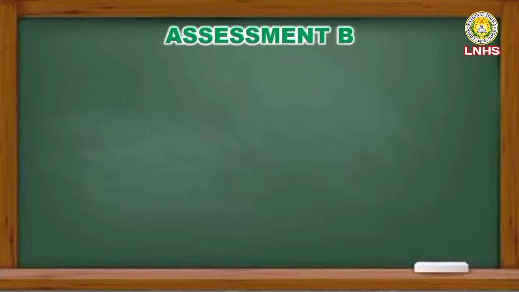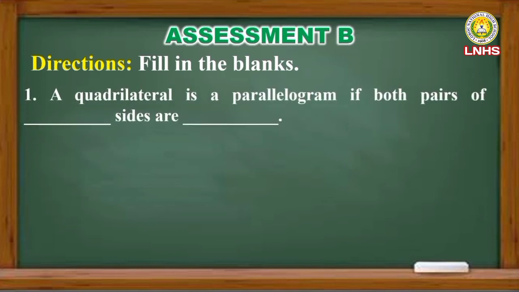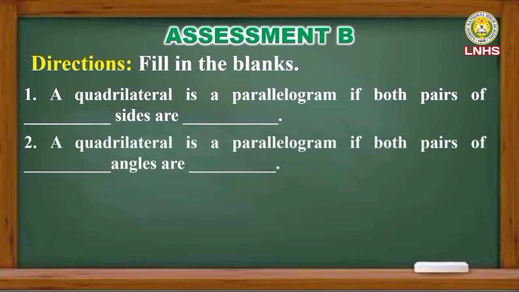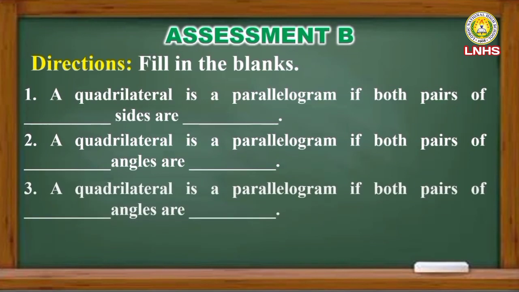And we have assessment letter B. Direction: Fill in the blanks. Number 1. A quadrilateral is a parallelogram if both pairs of blank sides are blank. Number 2. A quadrilateral is a parallelogram if both pairs of blank angles are blank. Number 3.